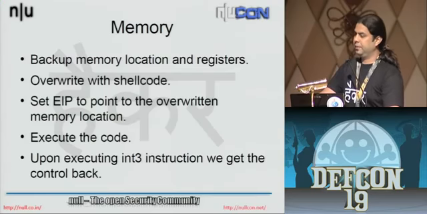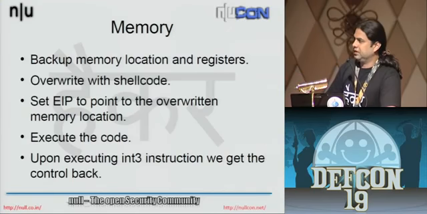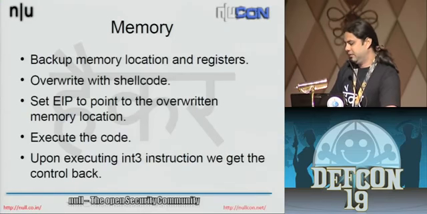I've created a stub shellcode for the mmap2 system call. I back up a particular location inside the remote process and the registers of the process, and then I overwrite it with my own mmap2 shellcode and make it execute that.